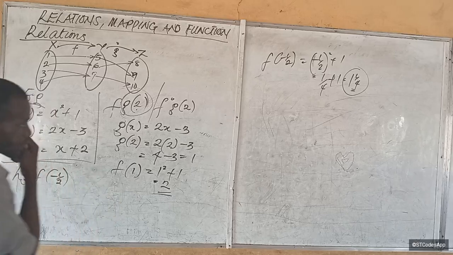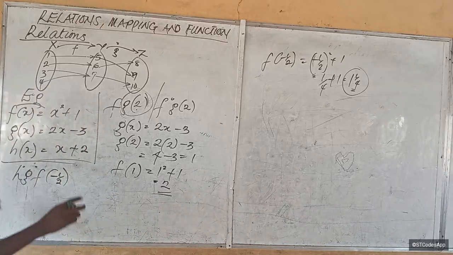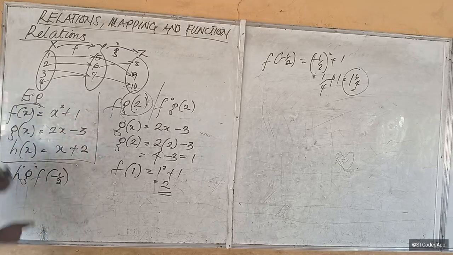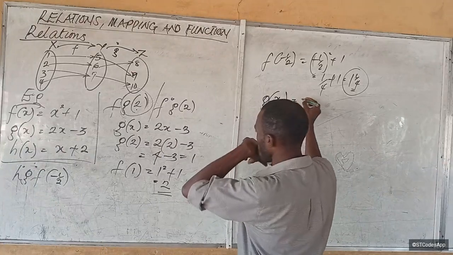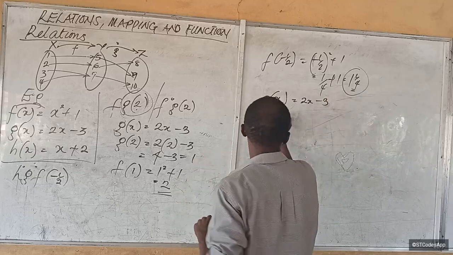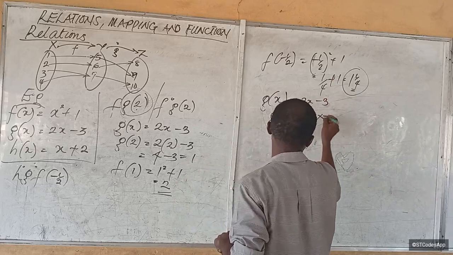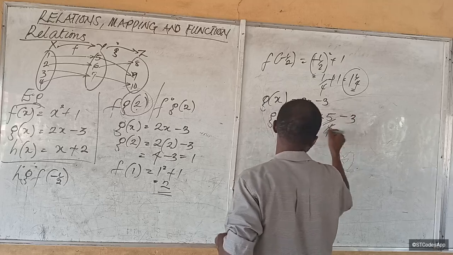Now, there are two ways of approaching this question. I'm going to show you the second way. We'll now plug that value into g, the g machine. So the g machine is 2x minus 3. So g of this will be g of 5 over 4. That will be 2 times 5 over 4, minus 3, isn't it?